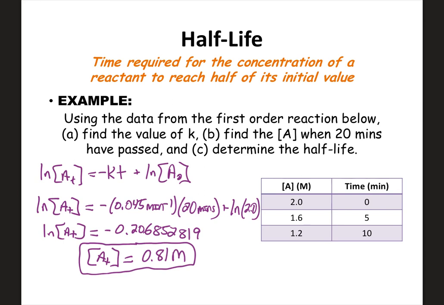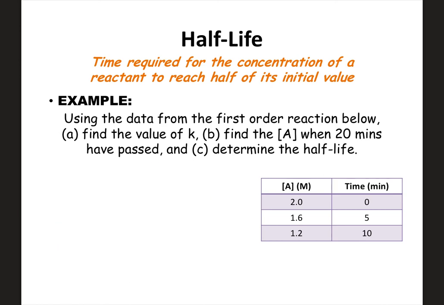We now have to take care of part C. Part C wants us to determine the half-life. Now we can use that half-life equation because we know the value of k from part A. So remember, write your equations here that you're using. t to the 1/2, the half-life, is equal to 0.693 all over k.